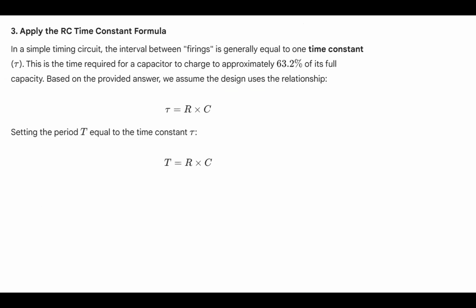And then we are going to apply that tau, in the RC circuit, the time constant, is given by R times C, and this is equal to our period. And then we can find out R is given by this T divided by the C.